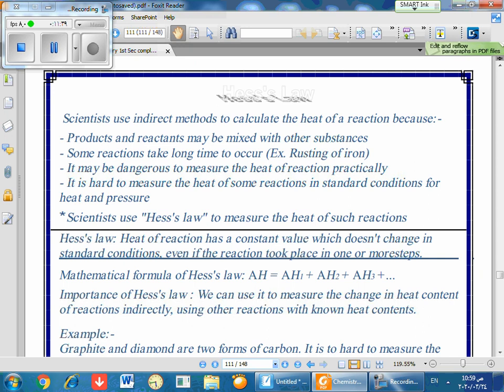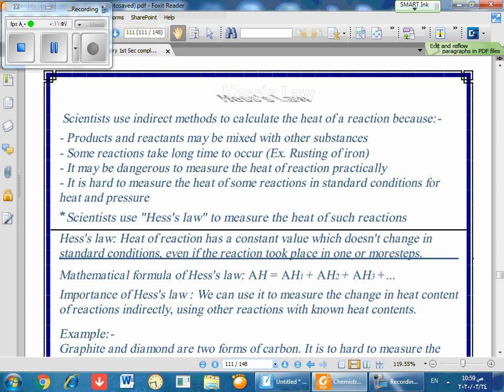What is meant by Hess's law? Hess's law deals with a chemical reaction as a mathematical equation, and the change of heat of a chemical reaction is fixed.